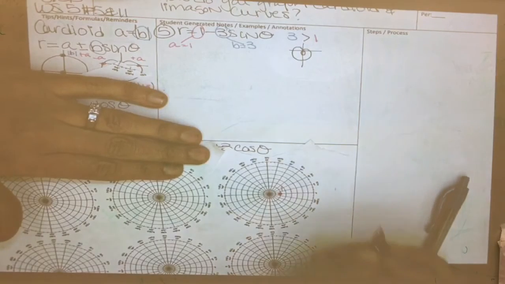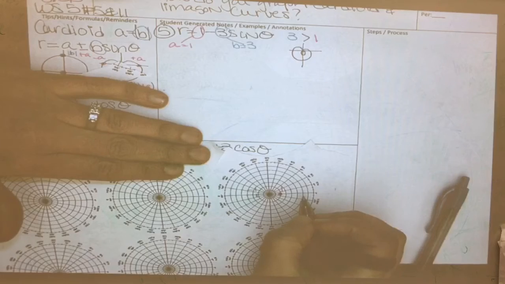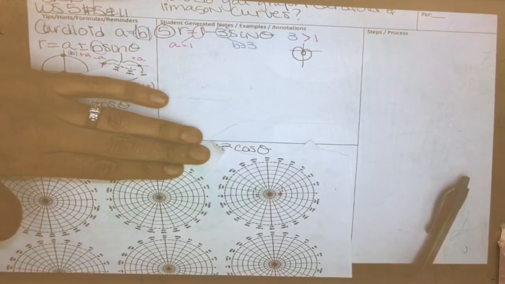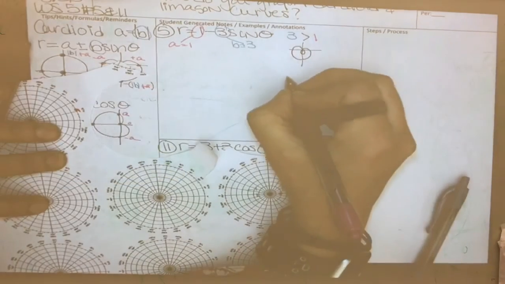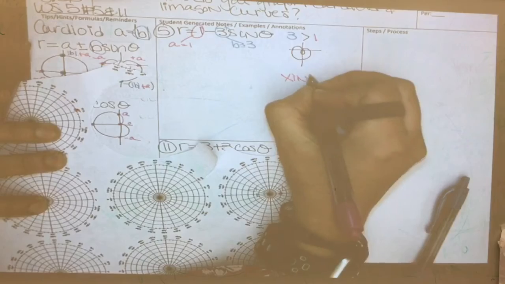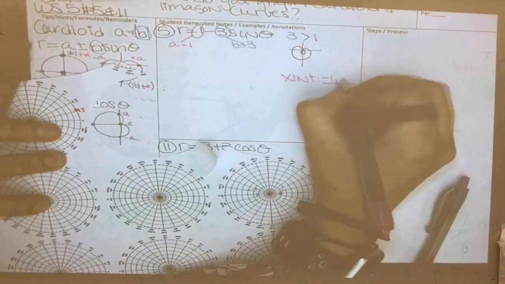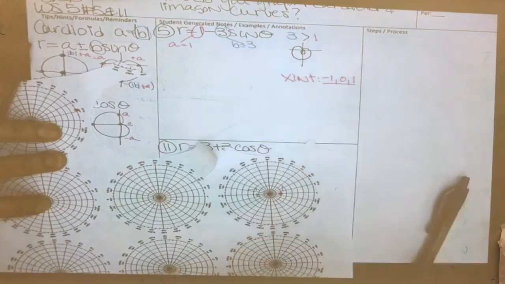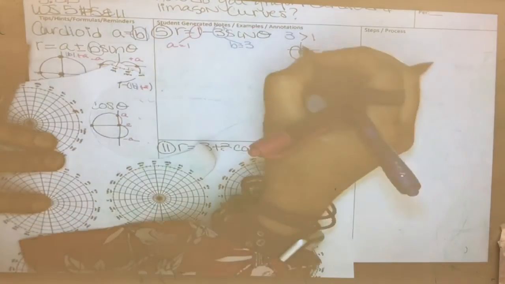And then -1. And then -1 on the x-axis, perfect. And then where's the third one always? Right on the origin. Right on the origin, perfect. So on the test, you will be asked to give all the x and y intercepts. So for x-intercepts, you would say -1, 0, and 1.